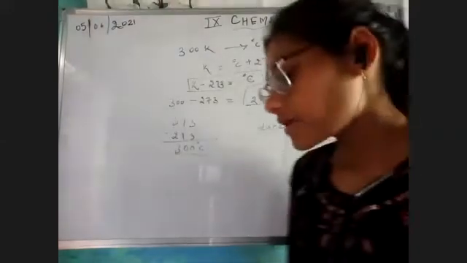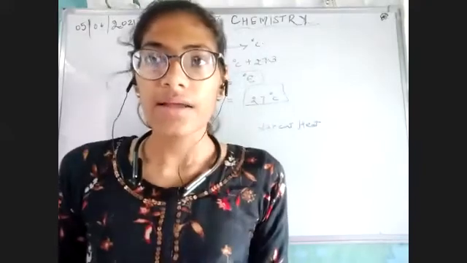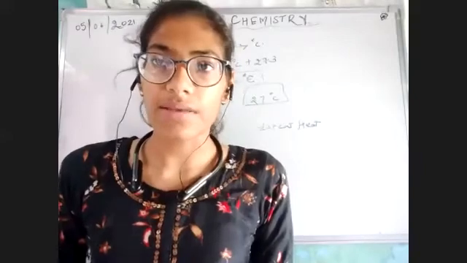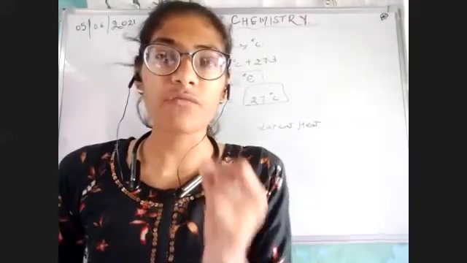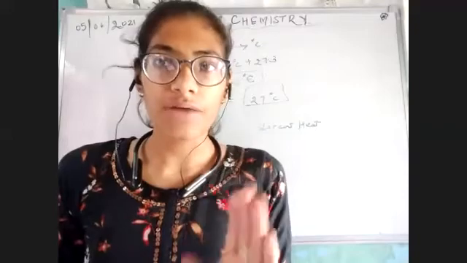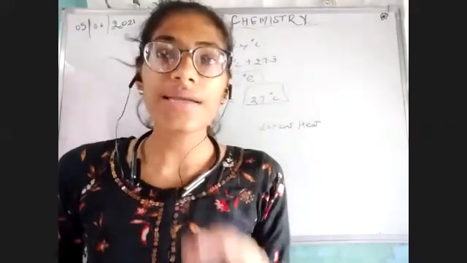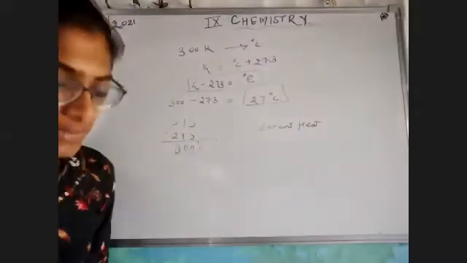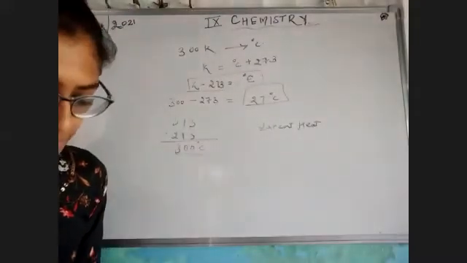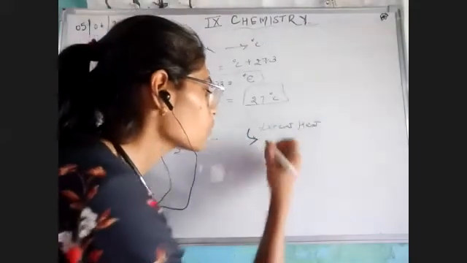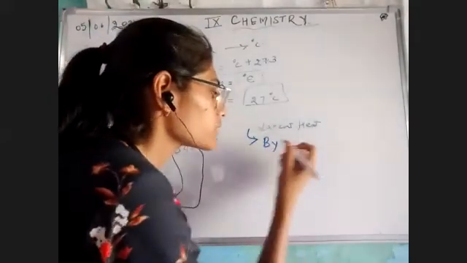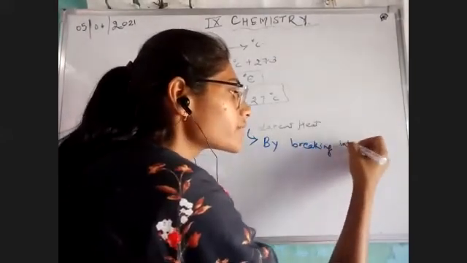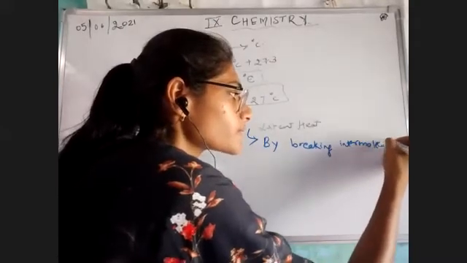Because even when we're applying more and more heat, the temperature always remains the same. If we're changing our state from one form to another, the temperature is still the same. And the answer is due to latent heat. Am I clear? Or we can say it is by breaking the intermolecular force of attraction.